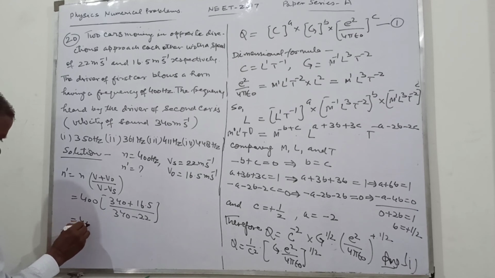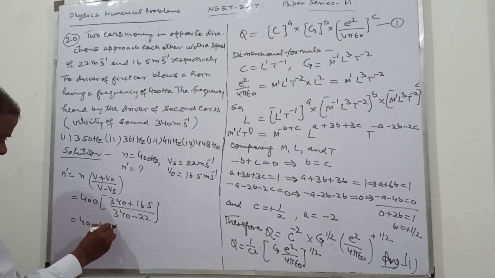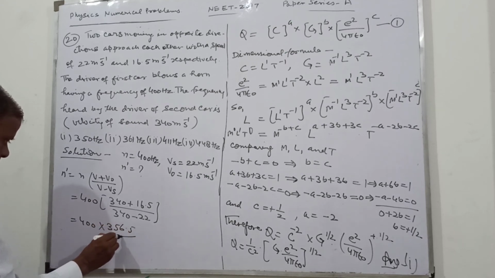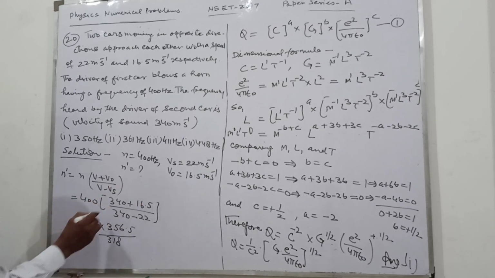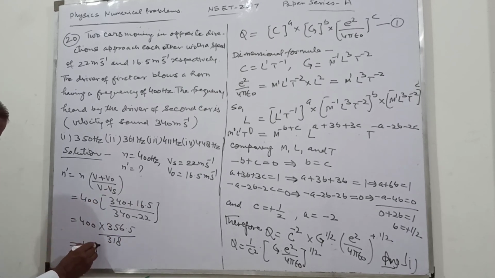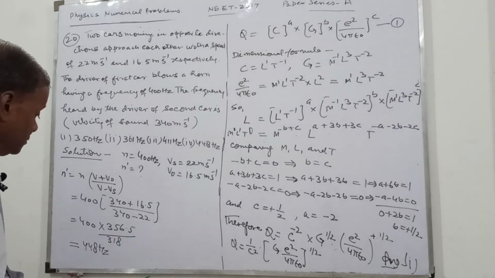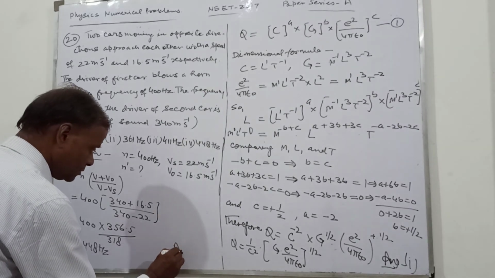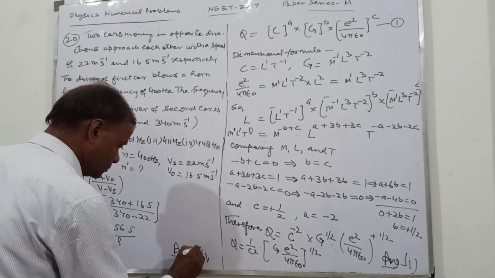So this is now your 400 into 356.5, and this will be 318. So if you divide and multiply, then you will find it to be 448 hertz. This is the apparent frequency that will be heard by the driver of the second car. So our answer is 448. This is now option 4.